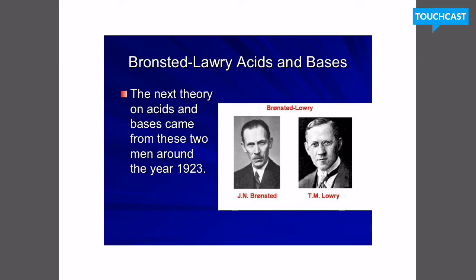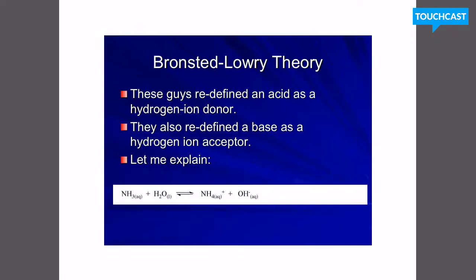And one of the major substances that they realized there was a problem with was ammonia. And here's the problem that they saw. In my example down here, this is the formula for ammonia, NH3. And when you first look at that formula, you're like, I don't know. It doesn't have a hydroxide on there, and it doesn't have the hydrogen written in the front. So what's up with this thing?